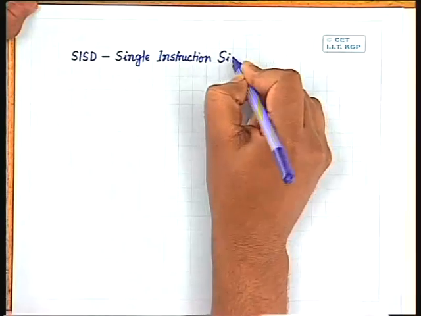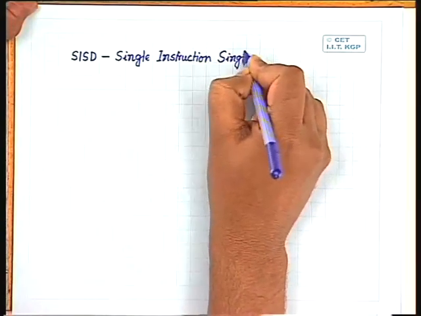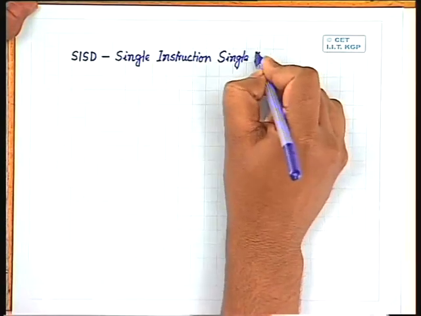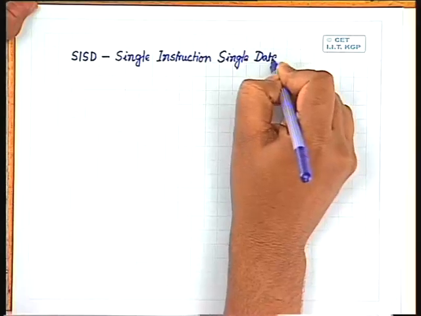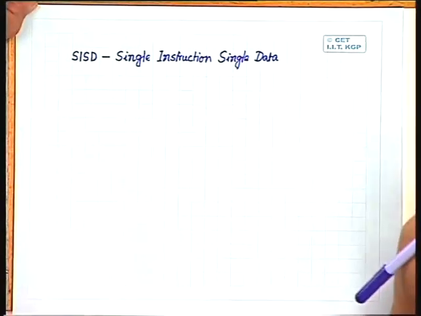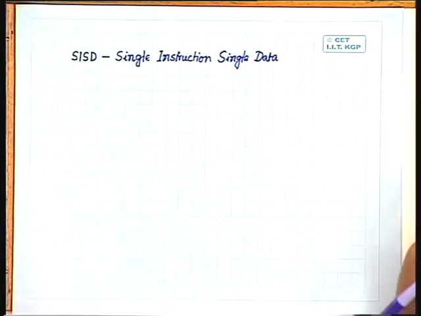That means computers built with this kind of CPU are capable of executing only one instruction at a time, and that too only one data at a time. So this is a single instruction, single data type of computer.